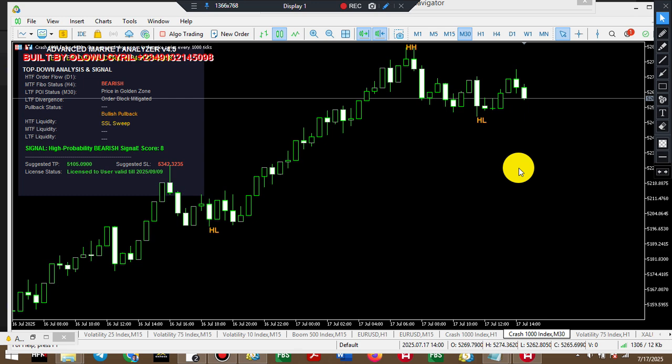That means your 4 hour will be your order flow, your 1 hour will be your Fibo golden zone structure track, then 15 minutes or 5 minutes should be your confirmation, then you place your entry. Modify your entry. Once the signal pops up, then you go.